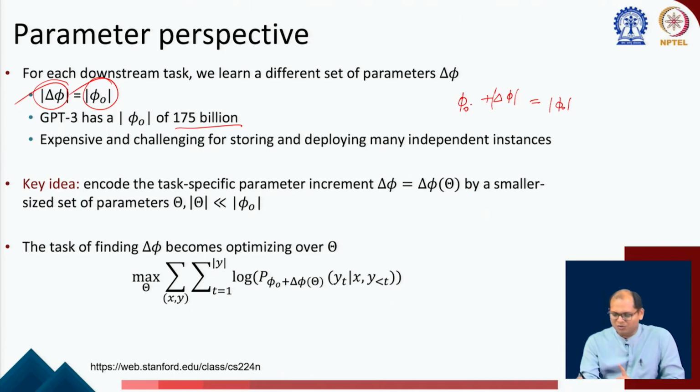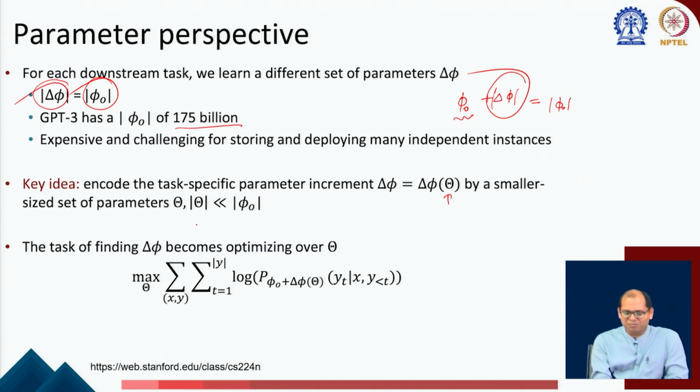I want to retain phi naught as it is, and focus on approximating delta phi using a smaller set of parameters. So something like delta phi as a function of theta, where theta is much smaller than phi naught. If I can do that, I just need to worry about a small set of parameters like theta and not phi naught size.